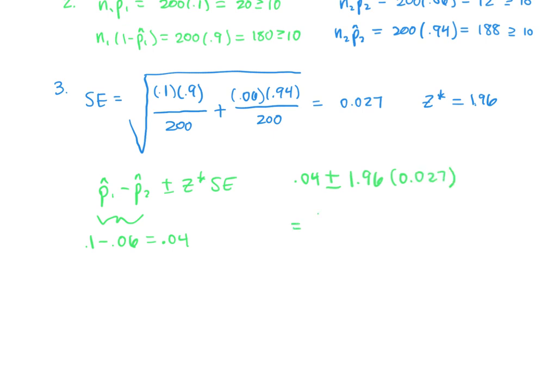And that results in a lower bound of negative 0.013 and an upper bound of 0.093. Or in percentages, we have a negative 1.3% to a positive 9.3% for the confidence interval.